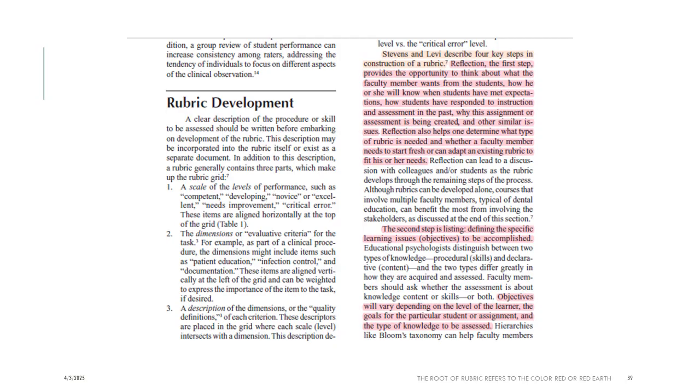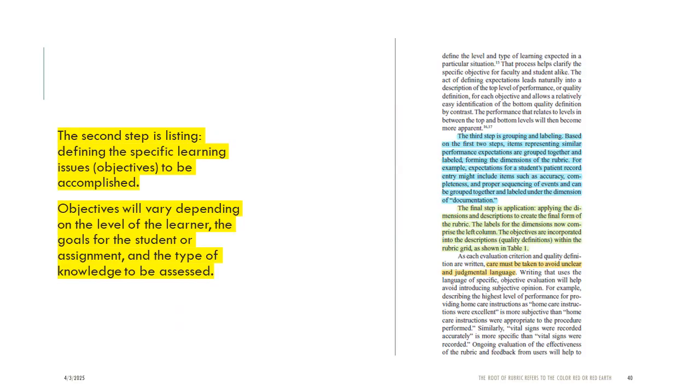Okay? The second step is listing or defining the specific learning issues or objectives to be accomplished. The objectives will vary depending on the level of the learner, the goals of the student, and the type of knowledge to be assessed.